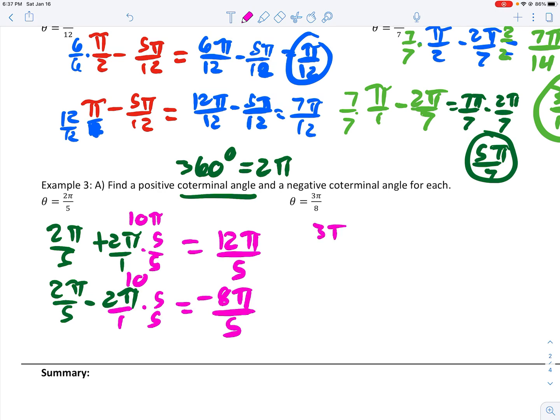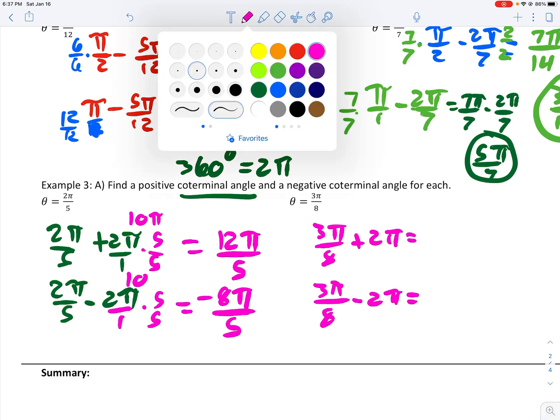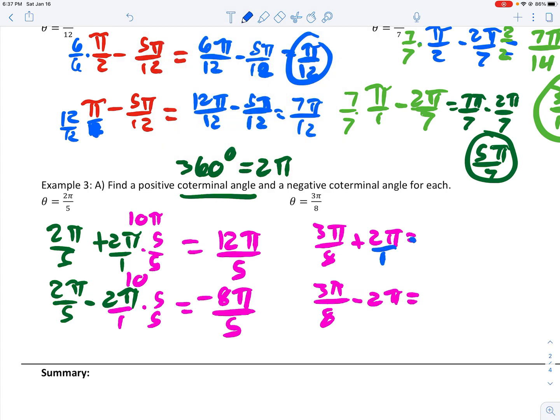So 3 pi over 8, add 2 pi. 3 pi over 8, subtract 2 pi to get one full rotation. So I'm going to multiply by 8 over 8 for both of them. So this is 16. So 3 plus 16 is 19 pi over 8.